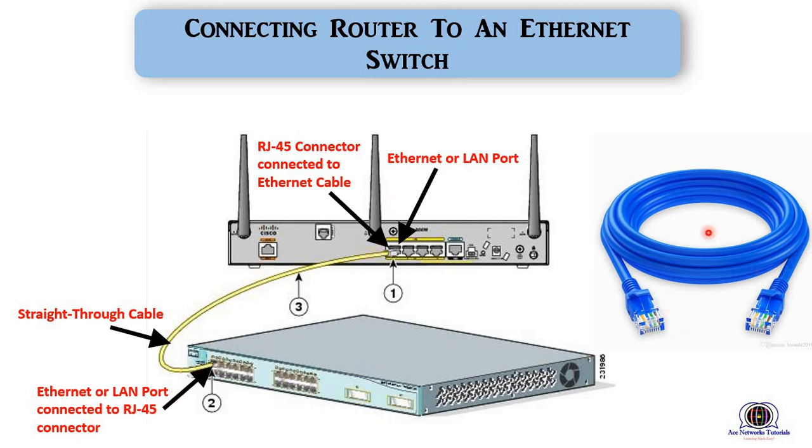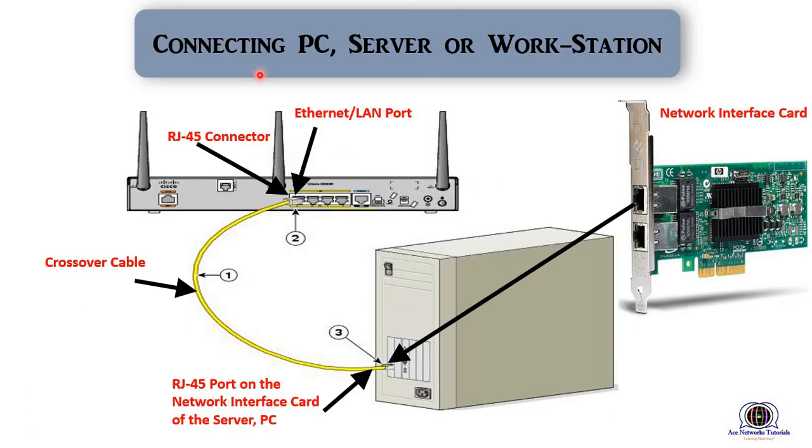Moving further, connecting a PC, or a workstation, or a server, to a router. In PCs, you will find a network interface card or NIC on the back of your CPU. It is installed on the motherboard. The NIC, a hardware component, is used to connect a computer to a computer network.